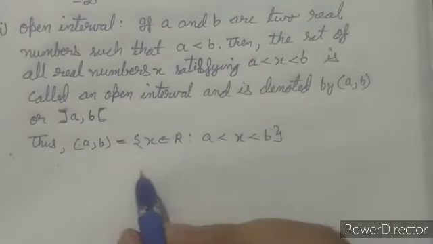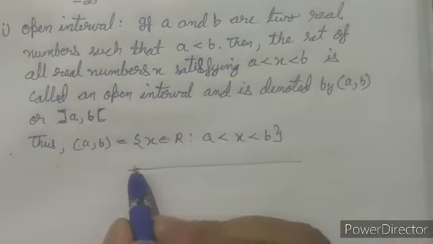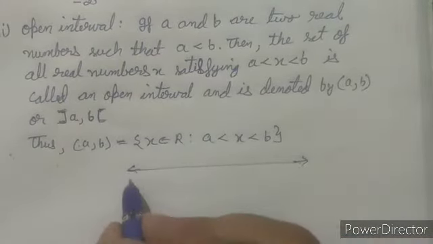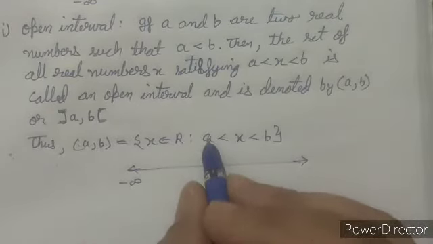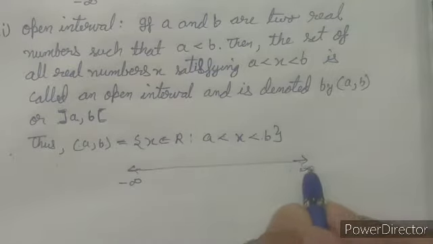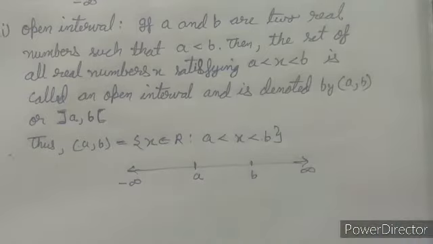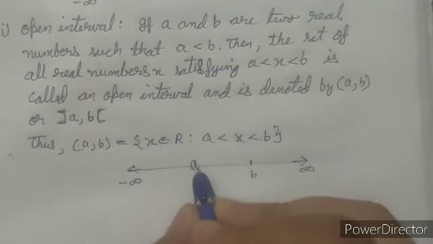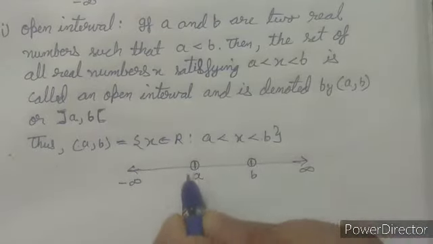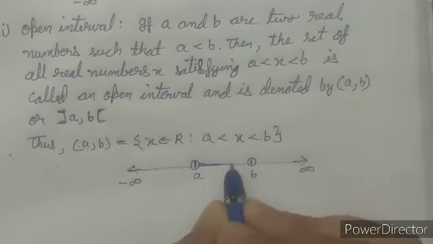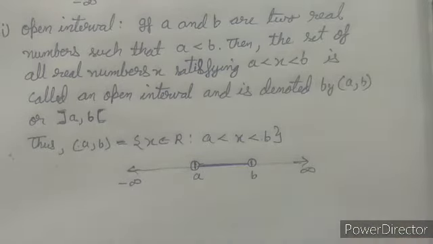Now in a number line, we represent this x greater than a and less than b as, suppose this is point a and this is b, then they will be represented by open brackets and a line is drawn between a and b. Here we will not darken the circles representing a and b.